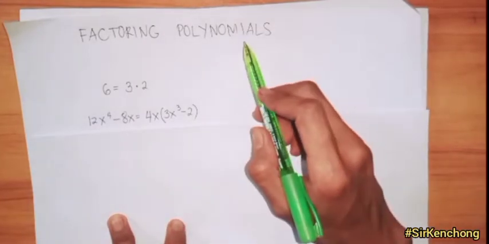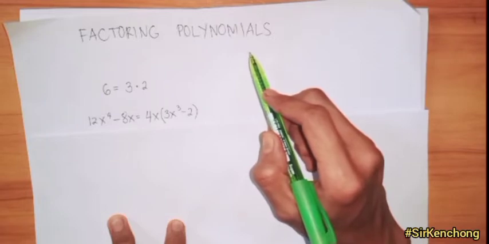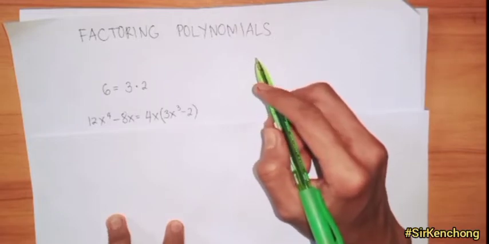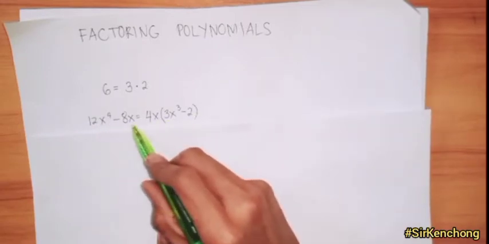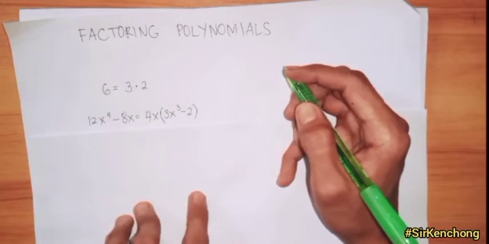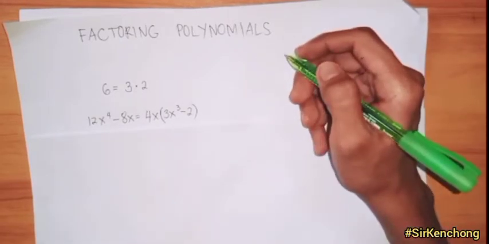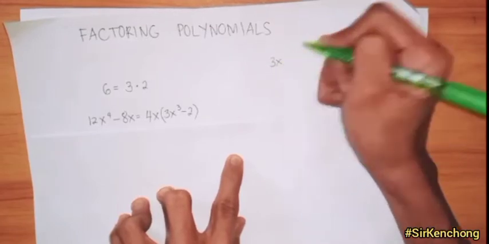Ano naman ang polynomials? So polynomials naman ay mga algebraic expressions ito which consist of variables, yun yung mga letters, mga variables yun, and coefficients. We have different kinds of polynomials depending on the number of terms. So, gaya nito, 3x.